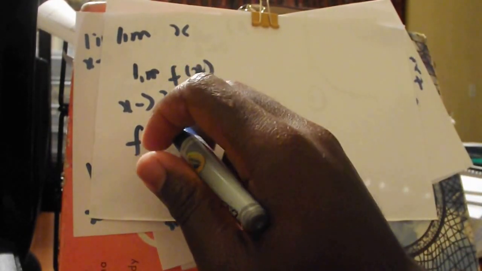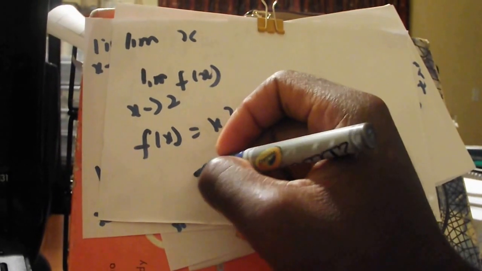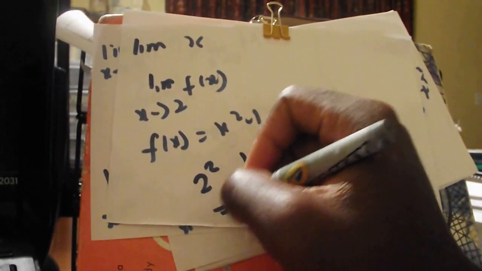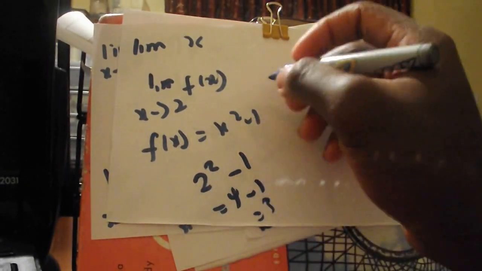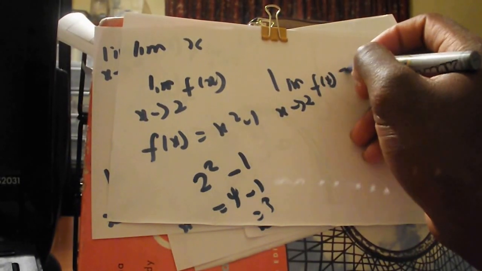When you're solving algebraically, you don't necessarily have to put the superscript, because it doesn't matter what side you're coming in from. All that matters is solving the algebraic expression. You have f of x equals x squared minus 1. What you do is substitute the value of x into the equation. Here our x is 2, so we have 2 squared minus 1, which is 4 minus 1, which gives us 3. So the limit as x approaches 2 for f of x equals 3.